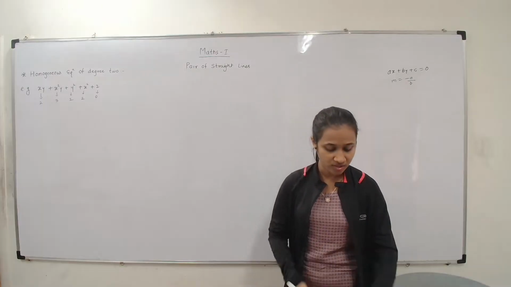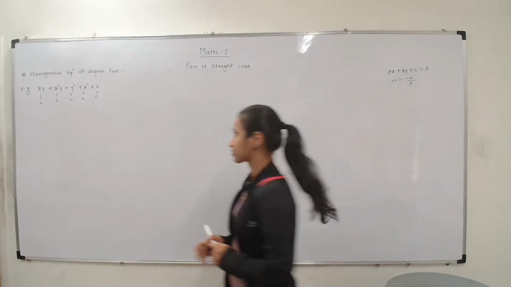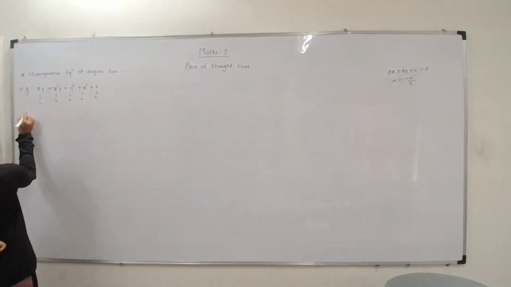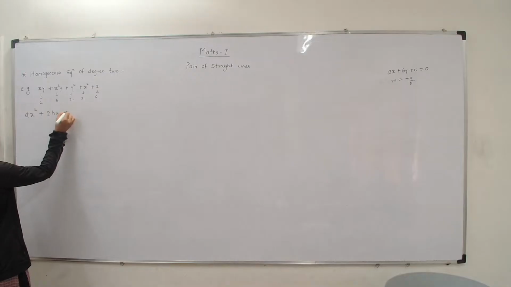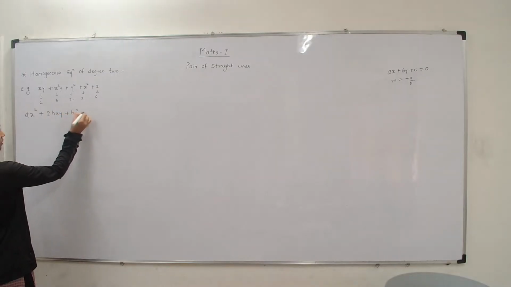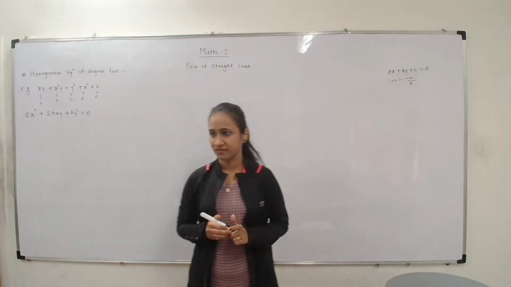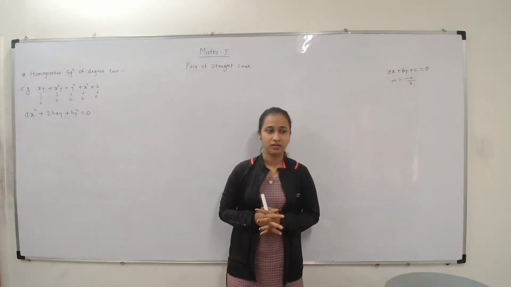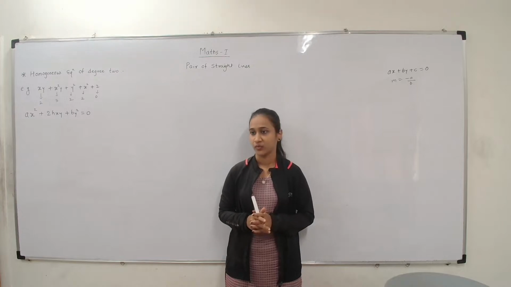And this homogeneous equation of degree 2 is given by ax square plus 2hxy plus by square is equal to 0. आता हे कुठून आलं? तर आपण काही एक्झाम्पल सॉल्व केले. Then you have given equation of two lines separately and the combine equation.